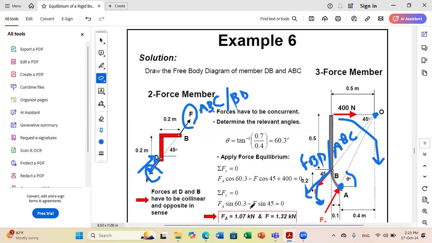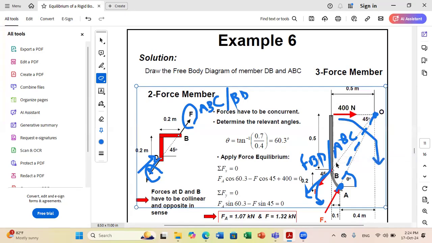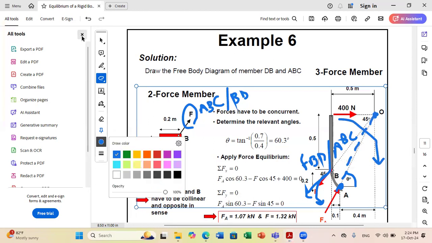So now, if I want to solve only for two unknowns, I need to determine this angle. To determine this angle, I need to use geometry. I say that this line should pass by the intersecting point O. And the intersecting point O, I can find it using the following. O is at the intersection of this line, which is doing 45 degrees with the horizontal.